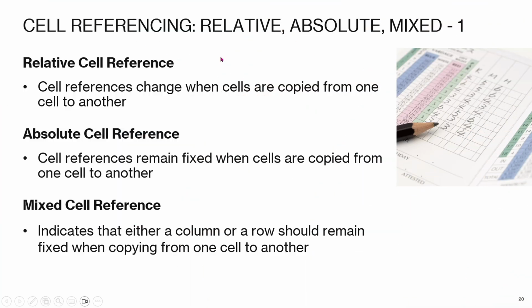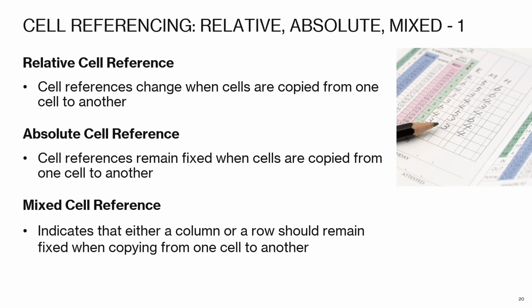What we refer to here are relative cell referencing, absolute cell referencing, and mixed cell referencing. Relative cell referencing means that whenever I type a formula or function and I use a cell reference like A2 or B2, when I copy that formula to a different cell, the reference will change relative to the cell that I'm copying that formula to.